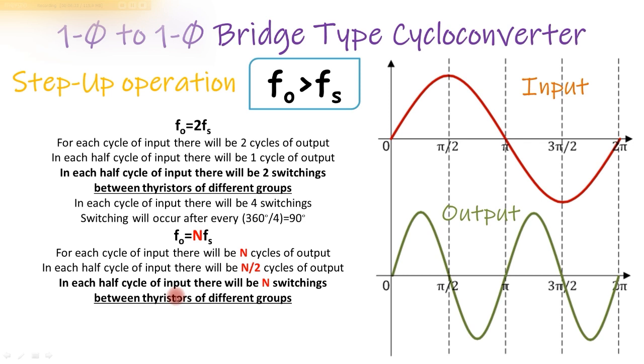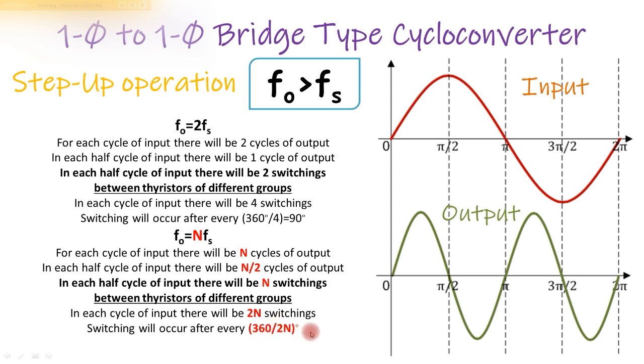Similarly, in each cycle we have to perform 2n switchings. So if there are n switchings in each half cycle, there will be twice that number in a complete cycle. And in that case, switching will occur after every 360 divided by 2n degrees. So let us recall all that we have learned about cycloconverter's step-up operation.